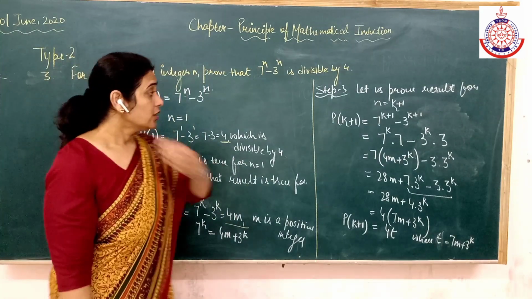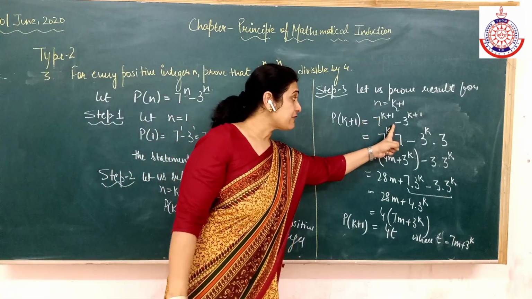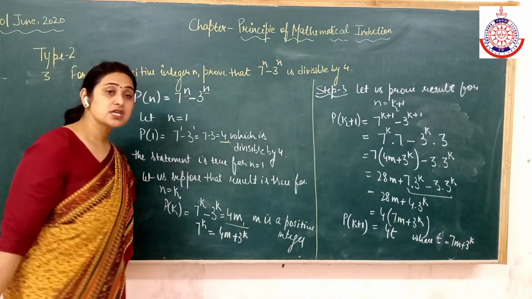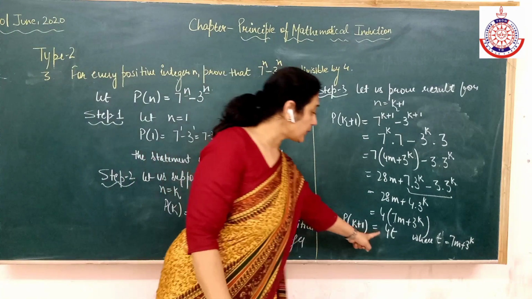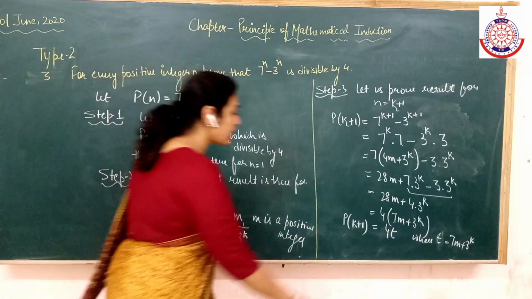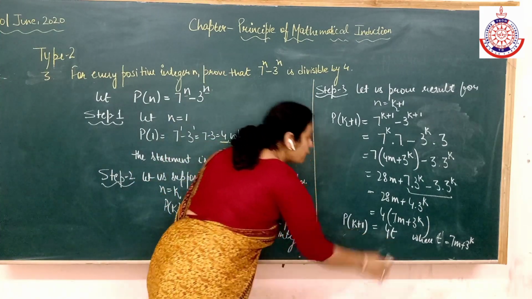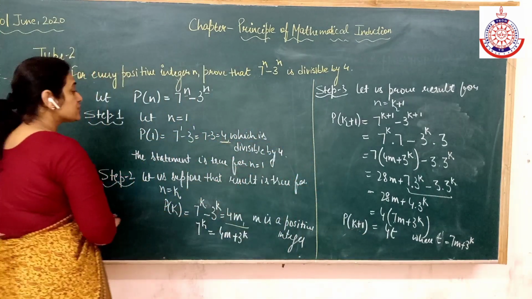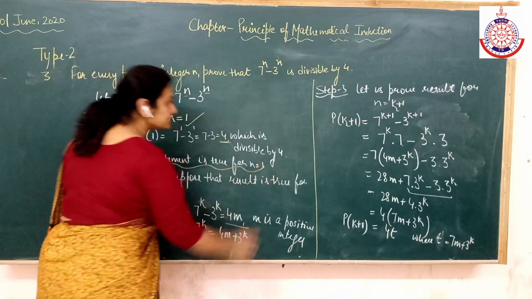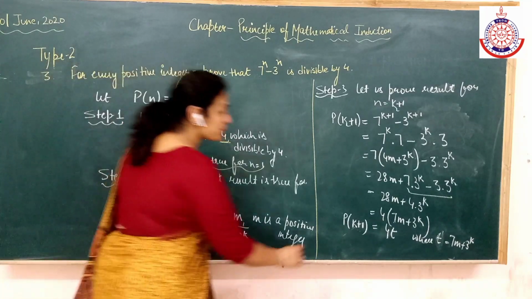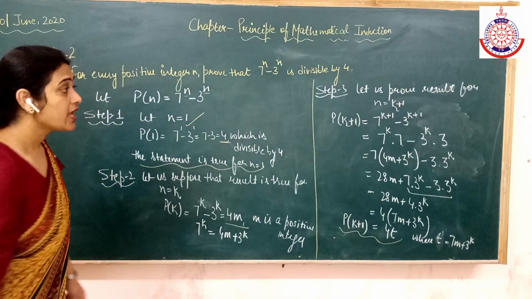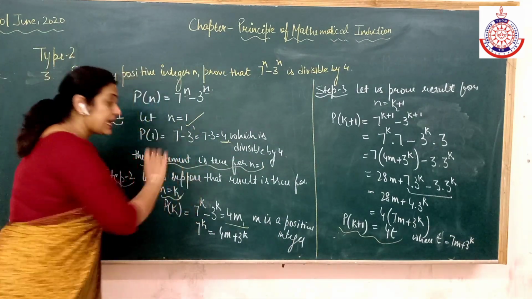What was my target? To prove this divisible by 4. This should be equal to 4 into something, and that's what we have got. P(k+1) is equal to 4 into t. So that means P(k+1) is divisible by 4. Now the result is true for n equal to 1. That means the result is true for k plus 1 whenever the result is true for n equal to k.